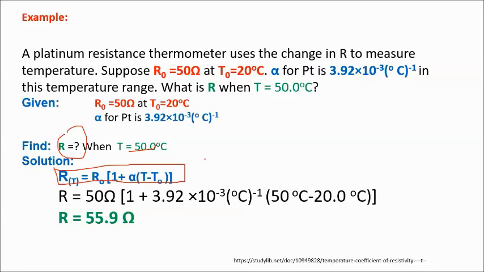And of course, even hindi pa natin ito na-compute, ma-expect na natin na there is increase in resistance because the temperature is increased from 20 to 50. So using your calculator, R is 55.9. That shows that R is affected with the increase in temperature.